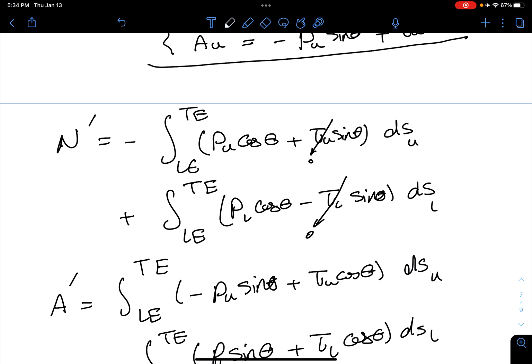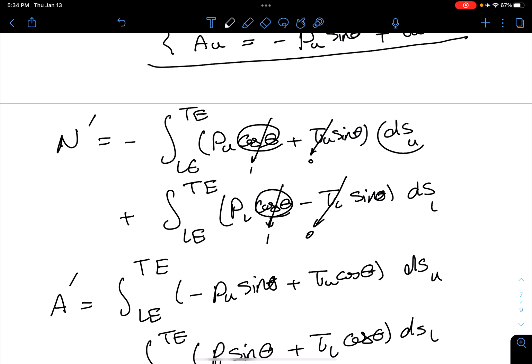What can we say about the rest of it? Are there any other simplifications we can do here? Since theta is 0, the sine of theta would also be 0. Cosine of 0 is 1. Make sure you don't make that mistake, because then everything goes to 0, right?